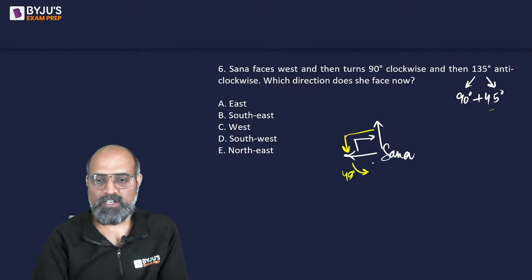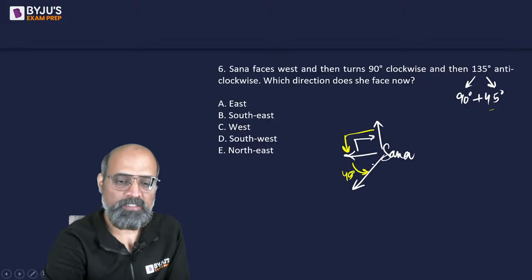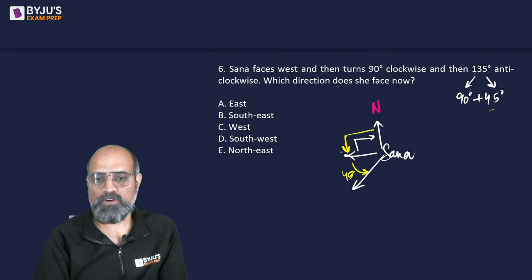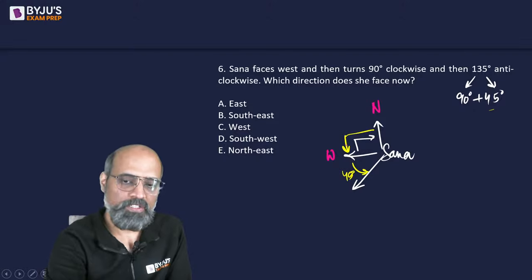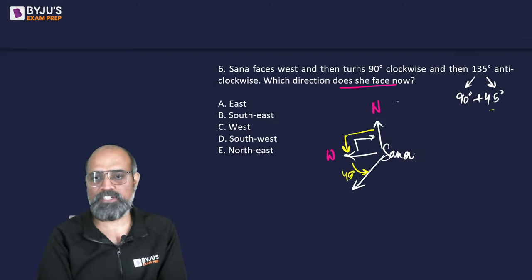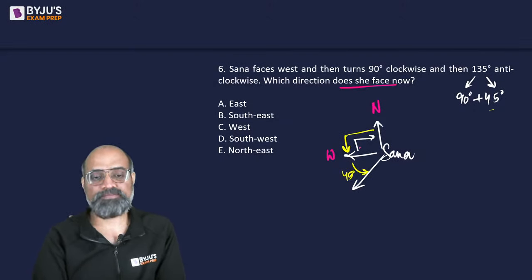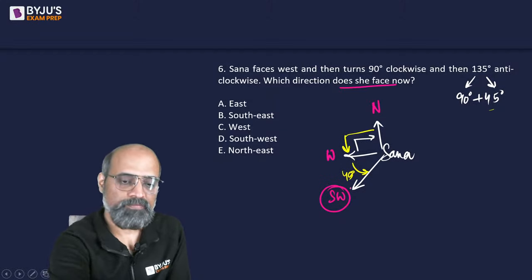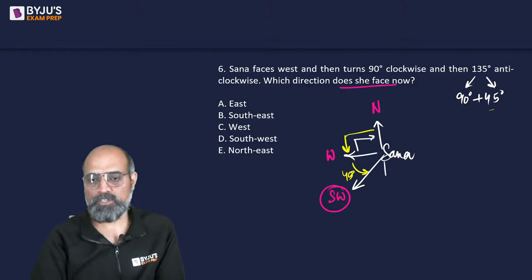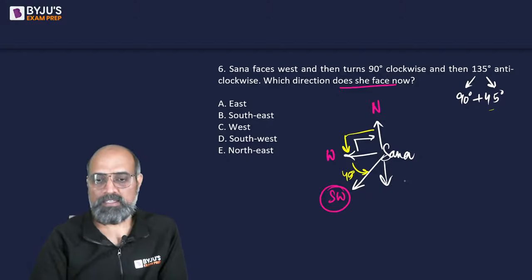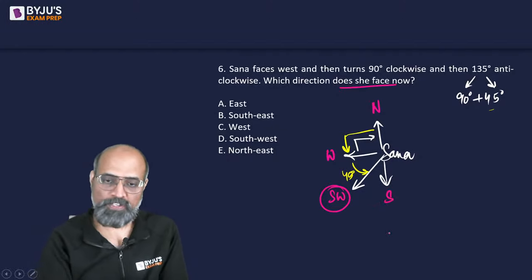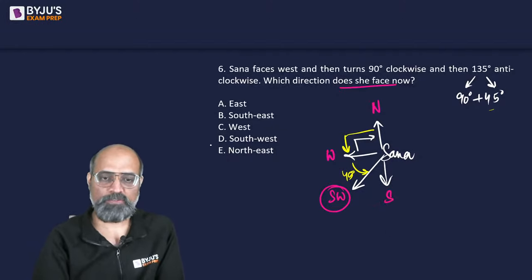So right now her direction is going to be this. Since this is your north, this is your west. The question is, which direction is she facing now? This is obviously going to be southwest, because this is south. It is between south and west, so the answer is going to be southwest.